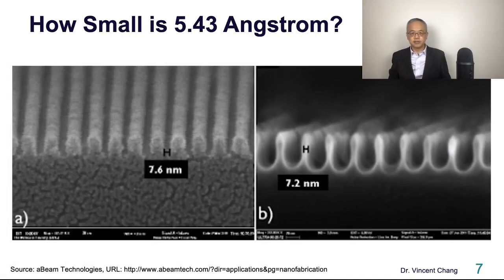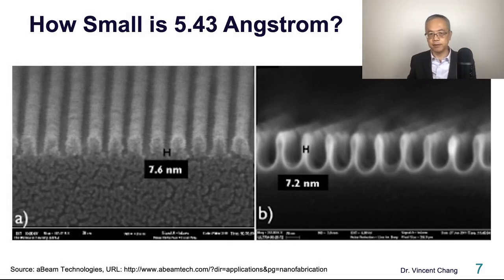Now, how small is the 5.43 angstrom, which is the lattice constant of silicon? This is from an actual photo from the scanning electron microscope, SEM. You see, it's 7 nanometer, right?